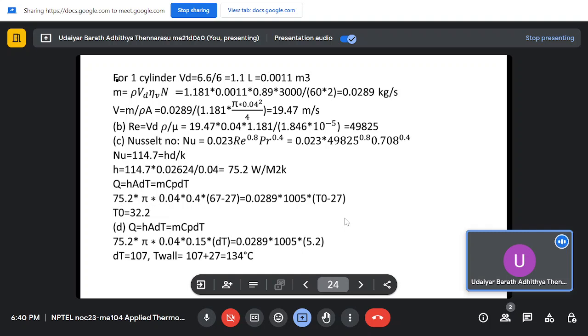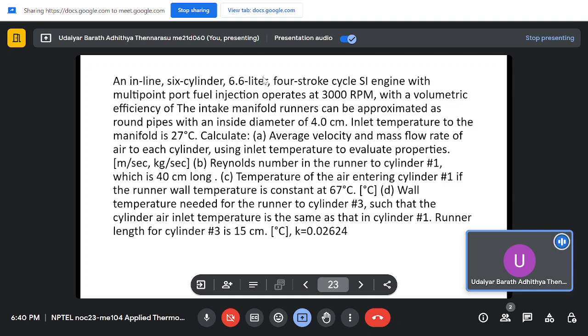Now the mass flow rate you can calculate as rho into Vd into volumetric efficiency into N. This N will be N by 2 because this is operating as a 4-stroke cycle, and rho is 1.181 into displacement volume, which we have already calculated, 0.0011, and the volumetric efficiency is given as 89%.